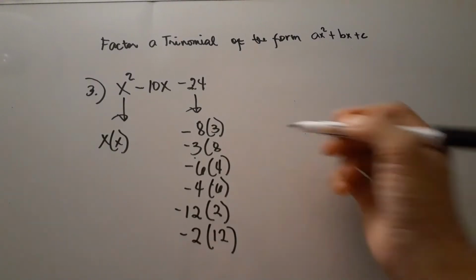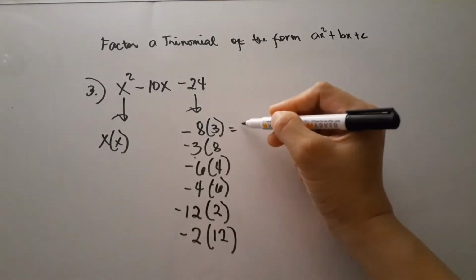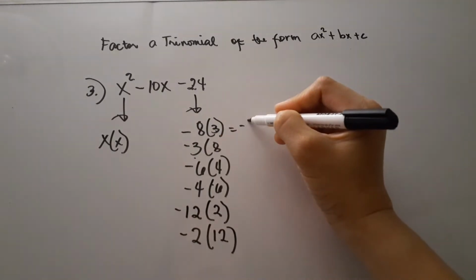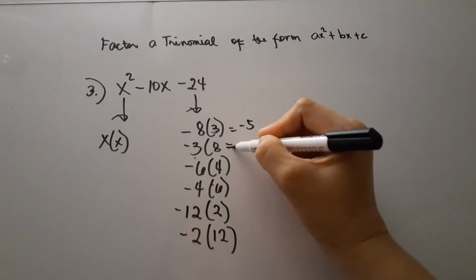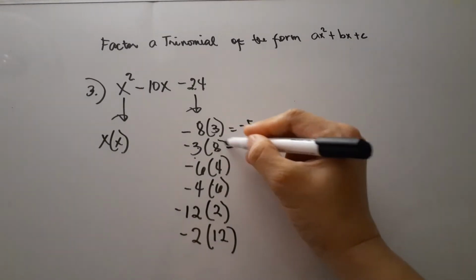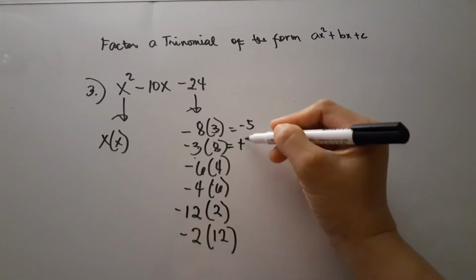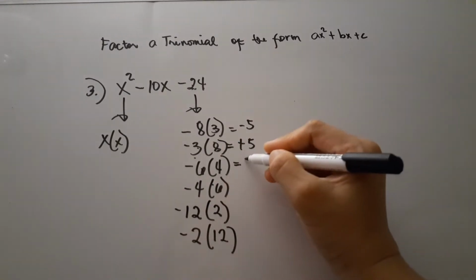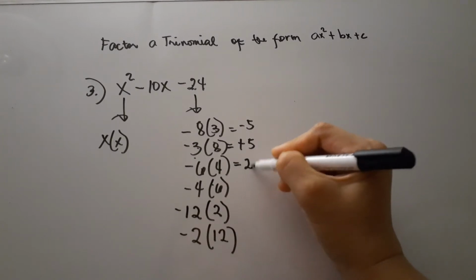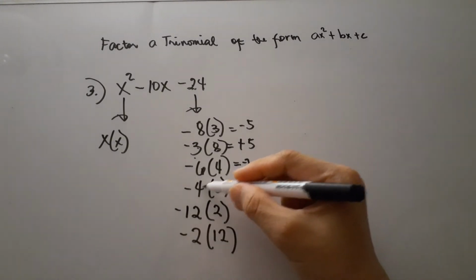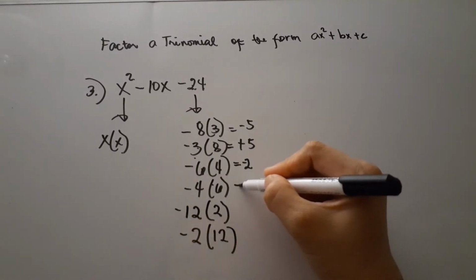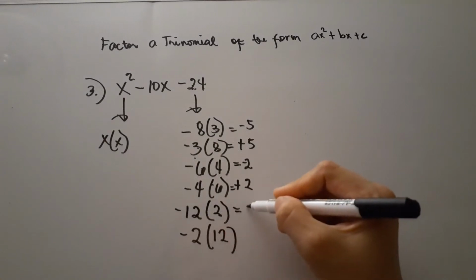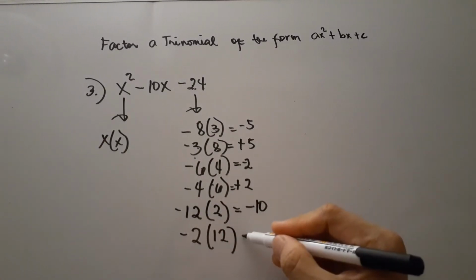And let's see the sums. The sum of negative 8 and 3 is negative 5, and the sum of negative 3 and 8 is positive 5, and the sum of negative 6 and 4 is negative 2, and the sum of negative 4 and 6 is positive 2, and the sum of negative 12 and 2 is negative 10.